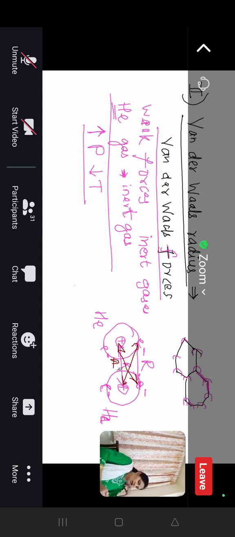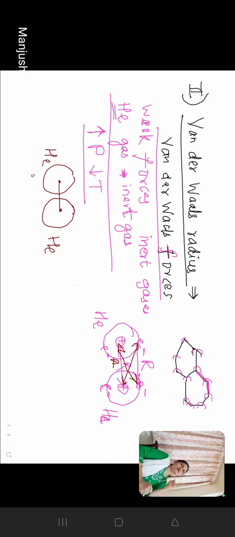So when they are maximum close to each other, then internuclear distance is measured. Suppose this is one helium atom and another helium atom. They can't form a bond with each other because helium is an inert gas. Its duplet is complete. It's not like a hydrogen molecule. There will be no overlapping of atomic orbitals. They do not form a bond.